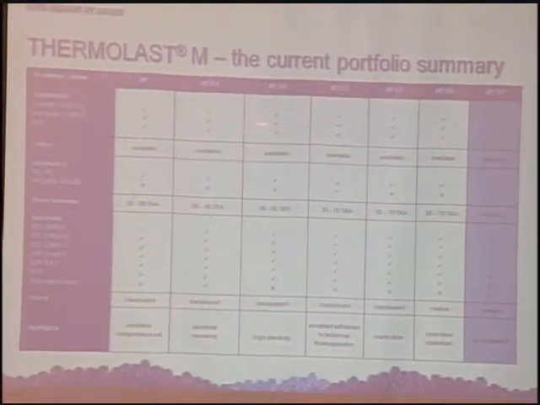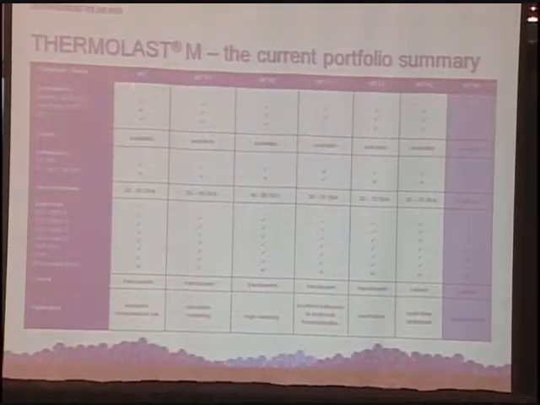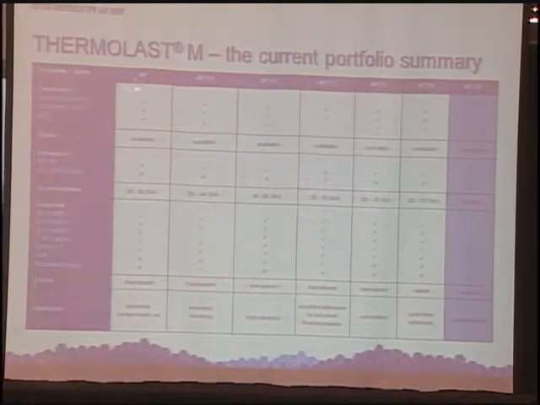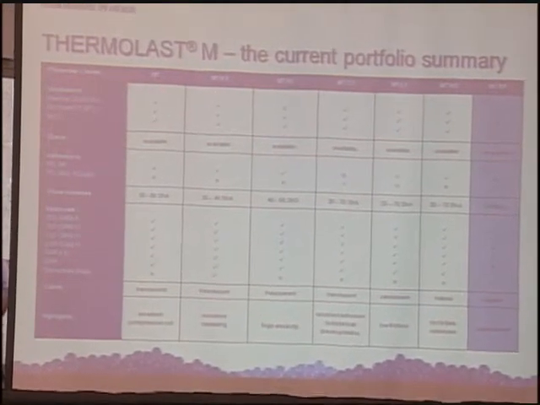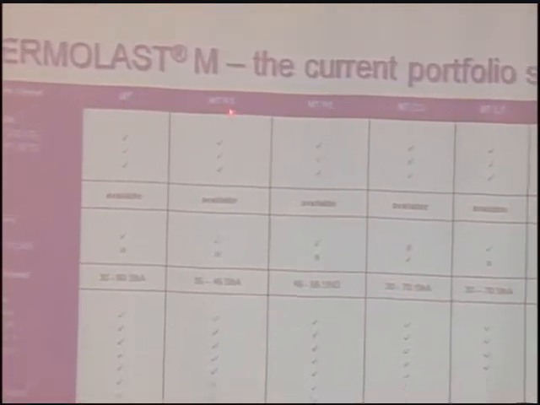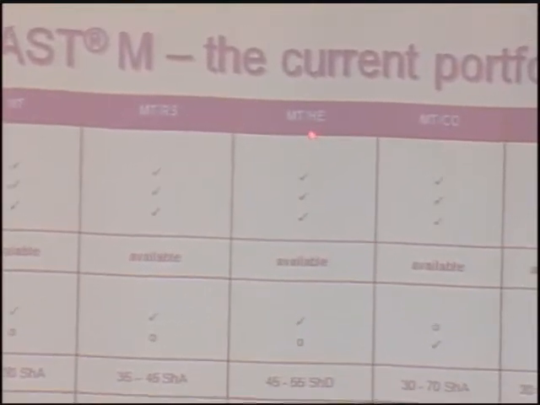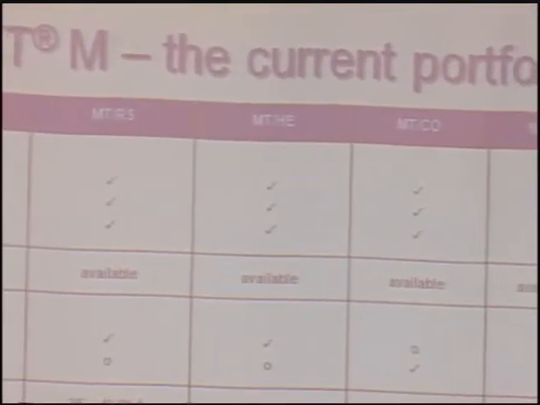We have a number of series based on the intended market. The first market is the general purpose medical technology market. The second series are for the resealing applications. Here we have the high elastic materials.